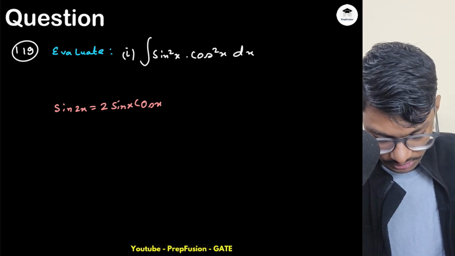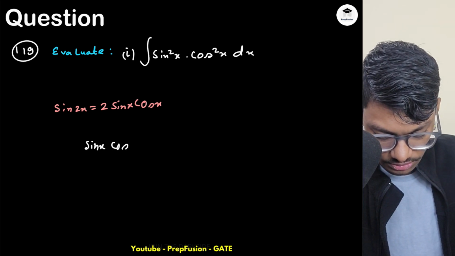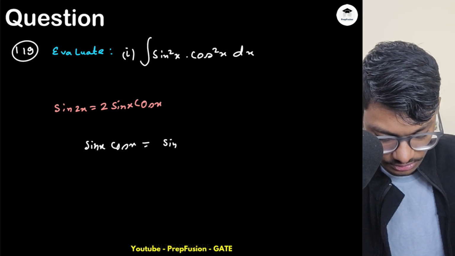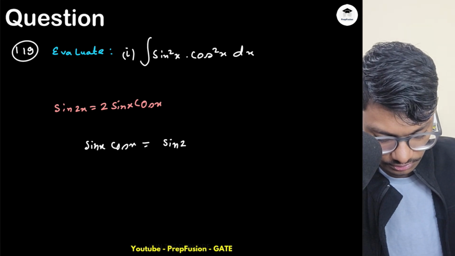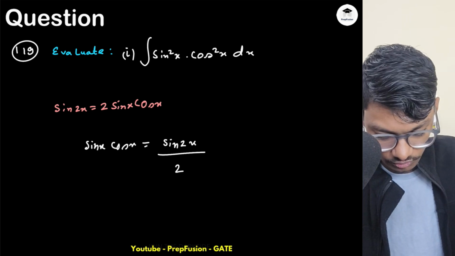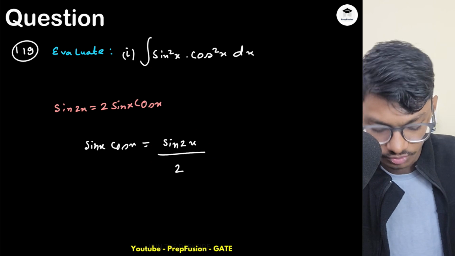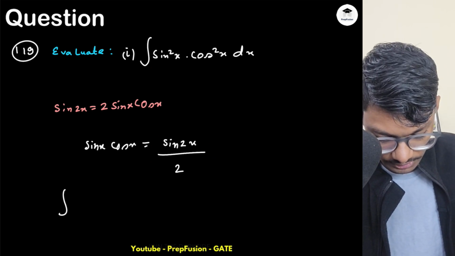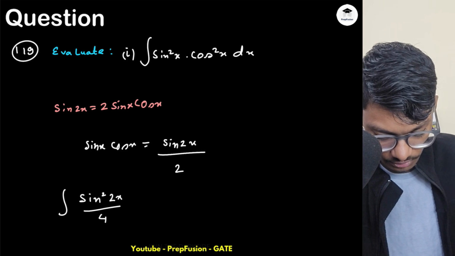I know that sin x cos x equals sin 2x upon 2. So I can write this as sin x cos x whole square, and then I can write this as sin square 2x by 4.